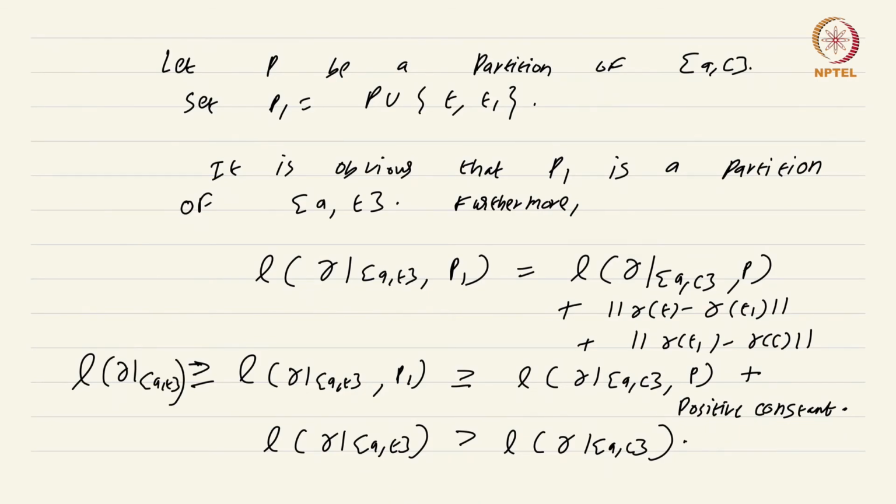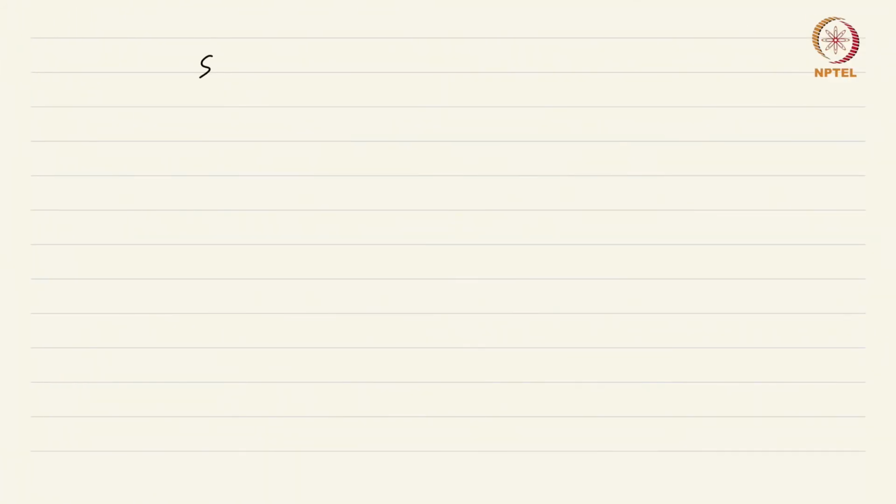Yes, now this is perfect. So the net upshot is s of t is greater than s of c. So this concludes the second part, that the arc length is strictly increasing if gamma is non-constant on any non-singleton interval. Now the final and the most challenging part is to show continuity.